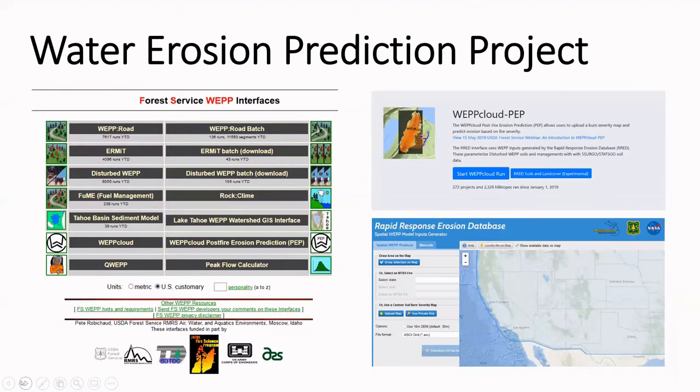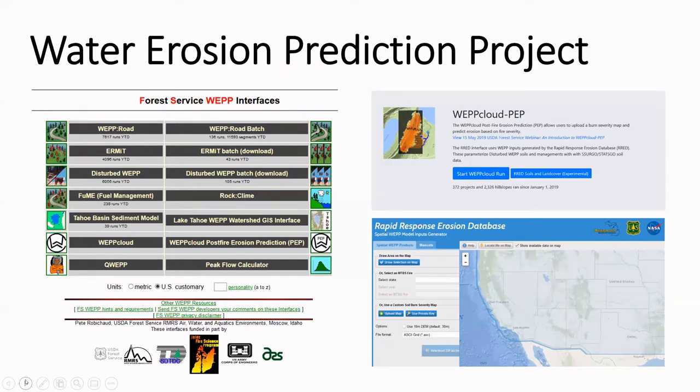The Watershed Erosion Prediction Project has several different interfaces, and no disrespect to the model developers, because it's a fantastic tool, but it is a little confusing because there are a lot of different interfaces to run this model. I think part of that is because as technology has advanced, they also have GeoWEPP, which runs on ArcGIS, but every time ArcGIS releases a new version, the previous model wouldn't work.